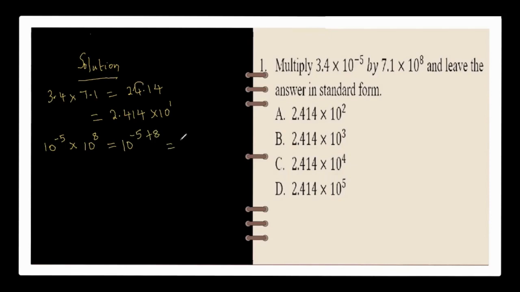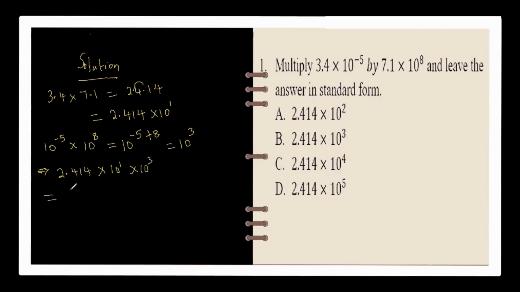Minus 5 plus 8 is 3. So it means now that our solution will turn out to be 2.414 times 10 raised to power 1, then times 10 raised to power 3.